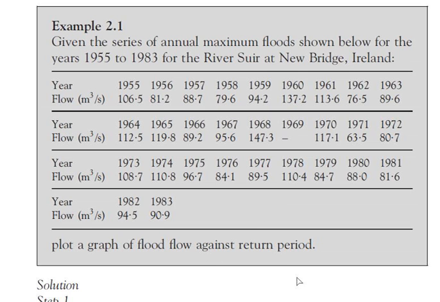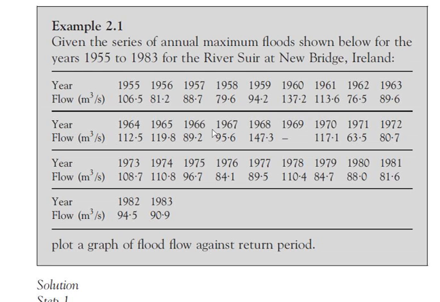This is what we do in order to estimate the return time for floods of a given flow intensity, so that we can design our water resource engineering to an appropriate return period. So this is looking at the design storm or the design flood, which we want to protect our engineering structure against.